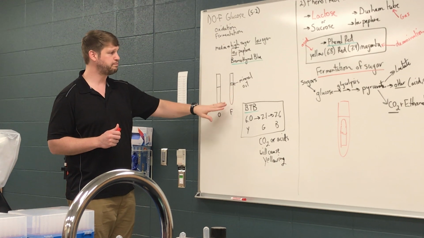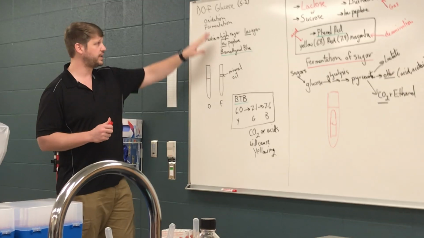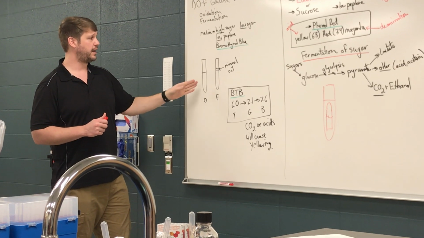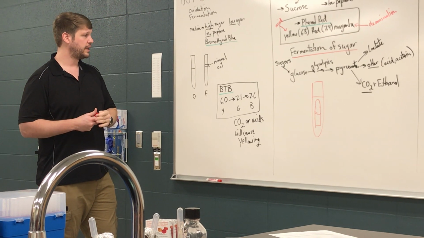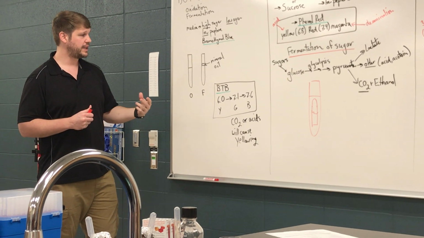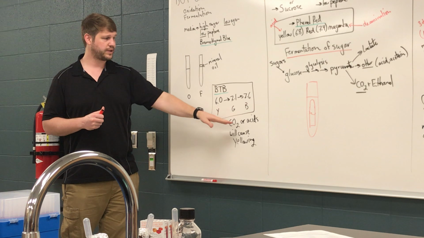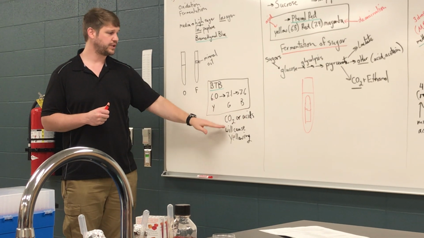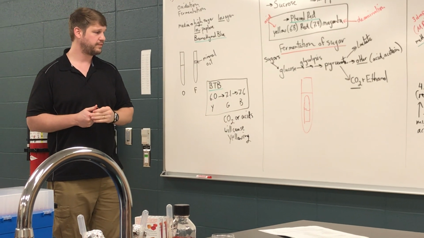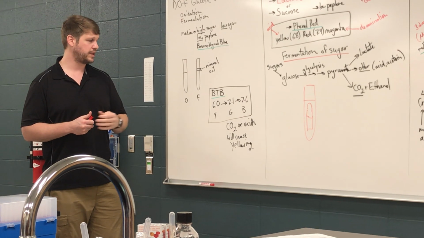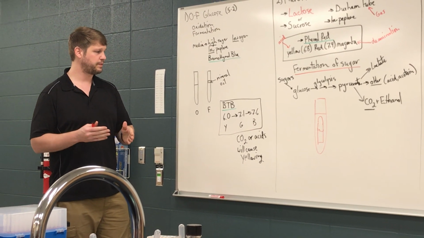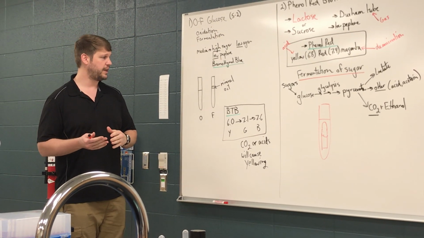And if the organism is capable of utilizing glucose under these 2 different conditions, again, you're going to see either the production of an acid via fermentation or the production of CO2, which will also cause a drop in pH, and we'll see some yellowing.